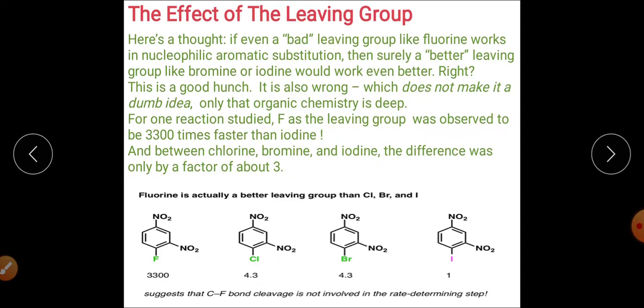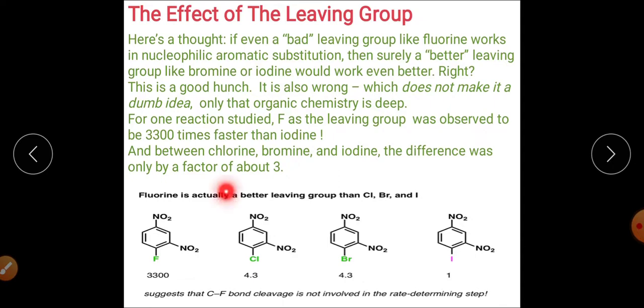When we were discussing it, you know that this is a case where fluorine is attached, and this is a case where chlorine, bromine and iodine is attached, and you can see the difference in the rate of reaction, that this particular reaction is 300 times faster in comparison to this particular reaction.